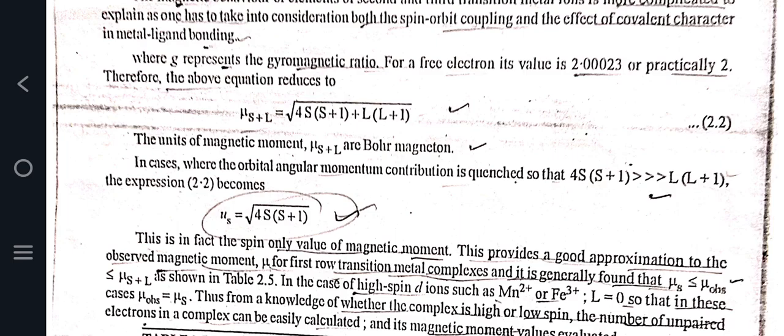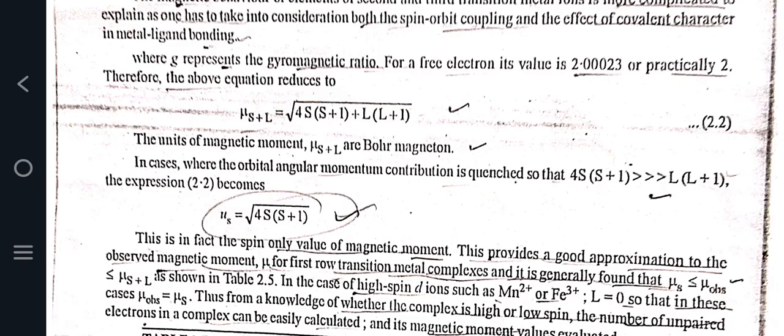The unit of magnetic moment mu(S+L) is the Bohr magneton, BM. In cases where the orbital angular momentum contribution is quenched, so that 4S(S+1) is greater than L(L+1), this expression becomes mu(S) = sqrt(4S(S+1)).